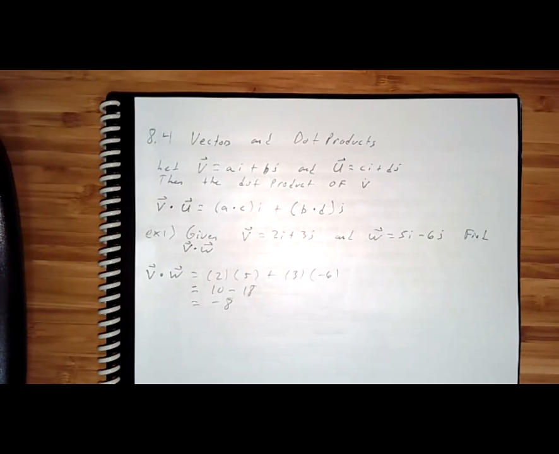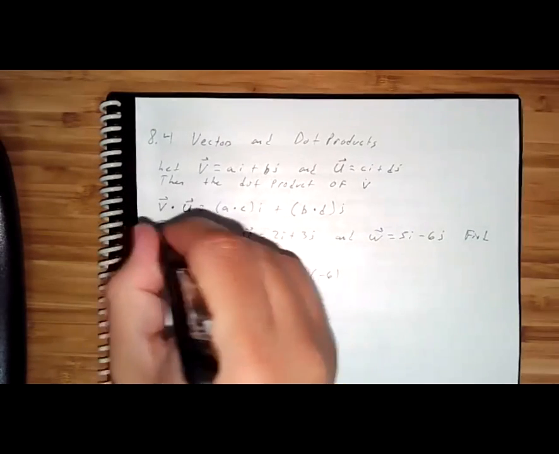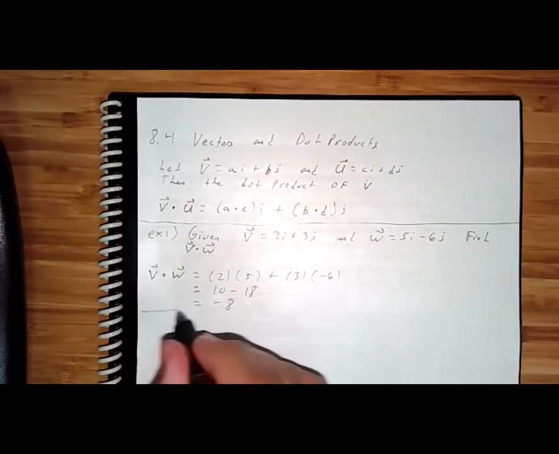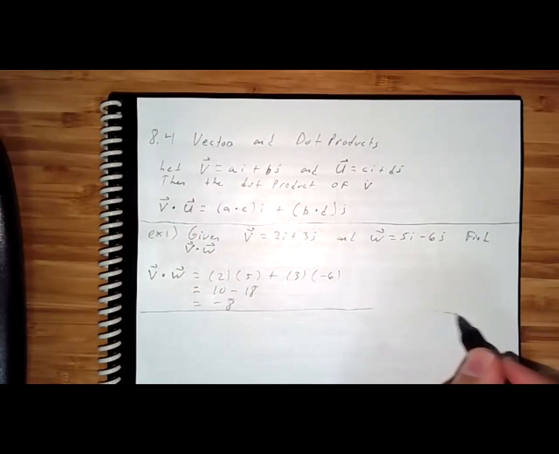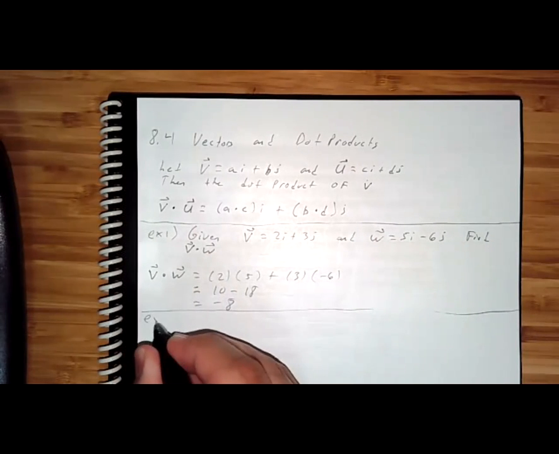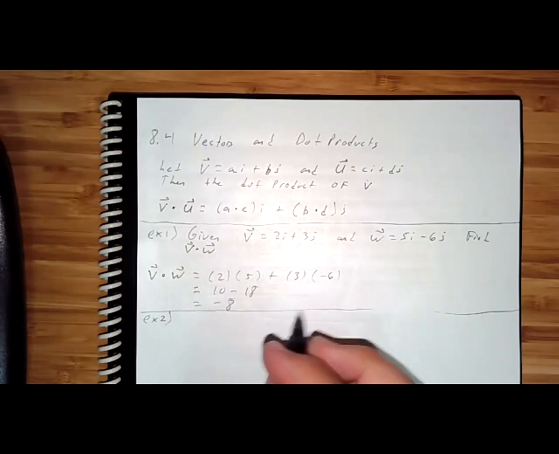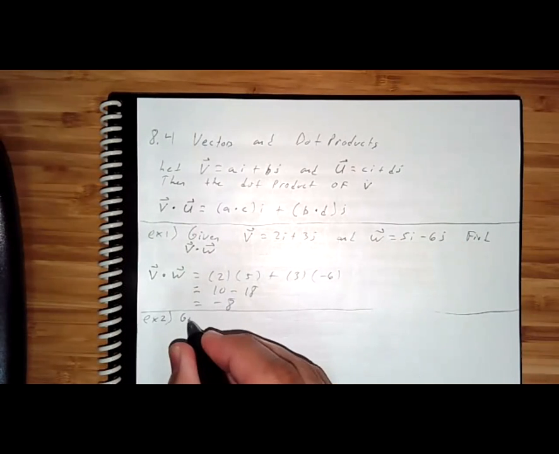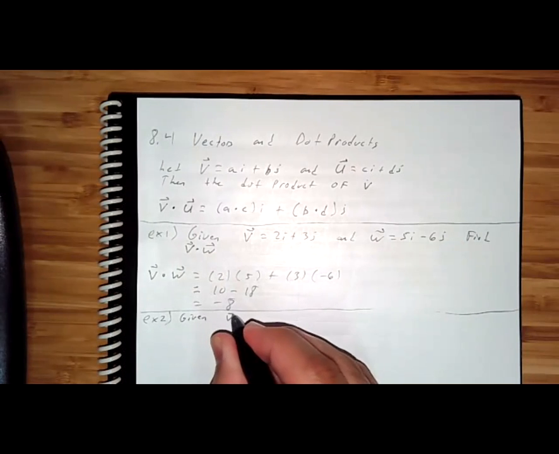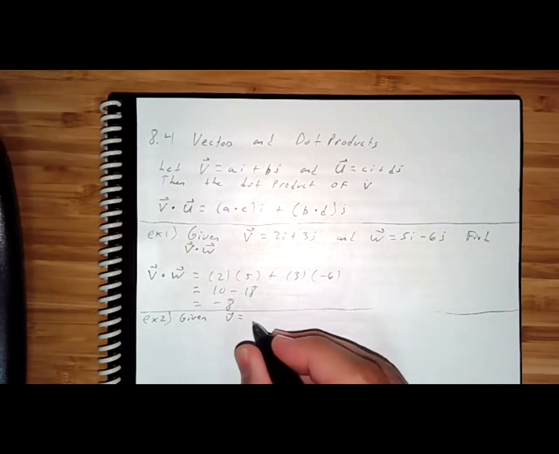You'll also get, let's see here. So given v equal to 2i plus 3j.